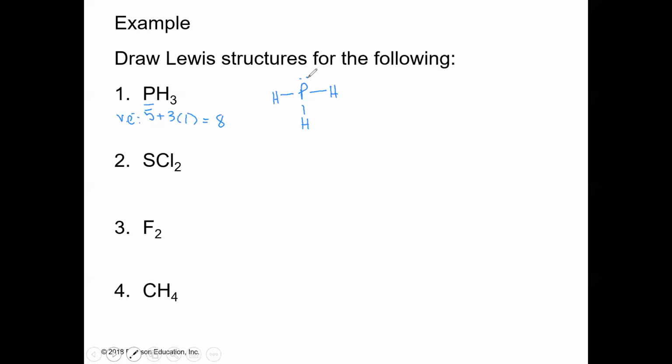We know that each of our terminal atoms is at the duet that it requires. Next, we need to make sure that the phosphorus has its octet. 1, 2, 3, 4, 5, 6, 7, 8. So phosphorus does have its octet.